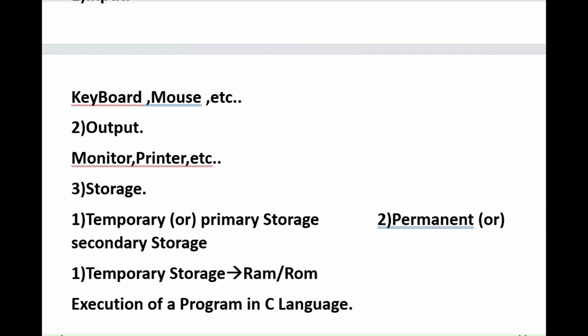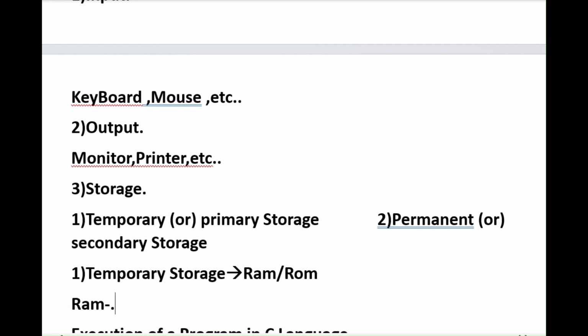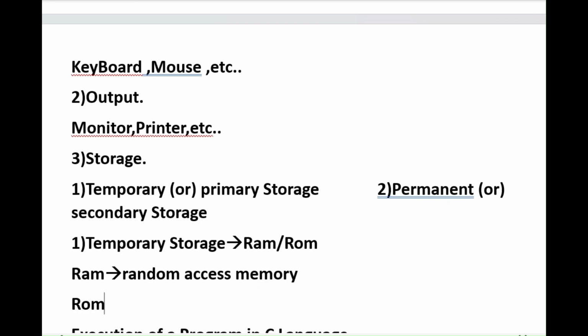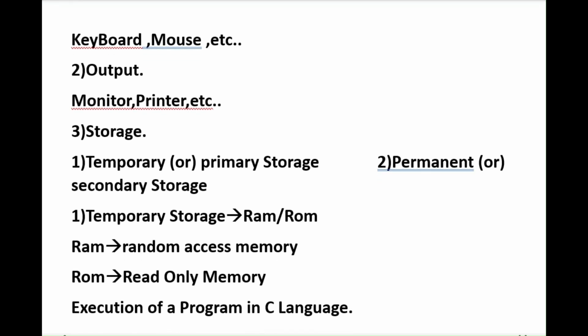We all know RAM stands for random access memory, and ROM stands for read only memory, which are temporary.